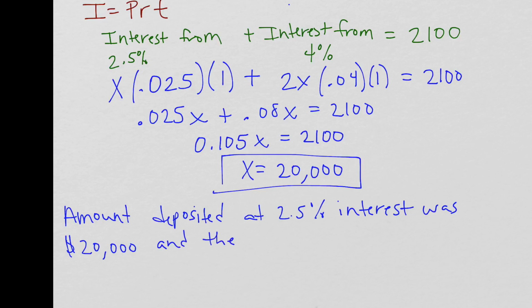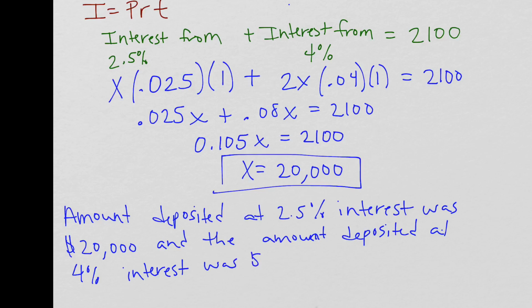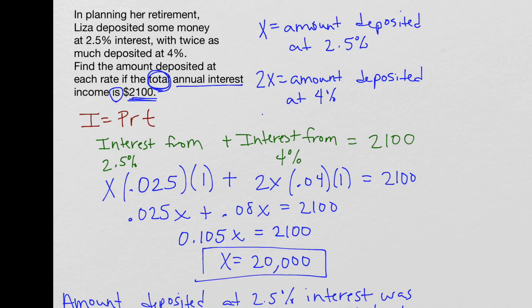And the amount deposited at 4% interest was $40,000. And again, we get the $40,000 from the fact that on our key up here, 2X is the amount deposited at 4% right here.